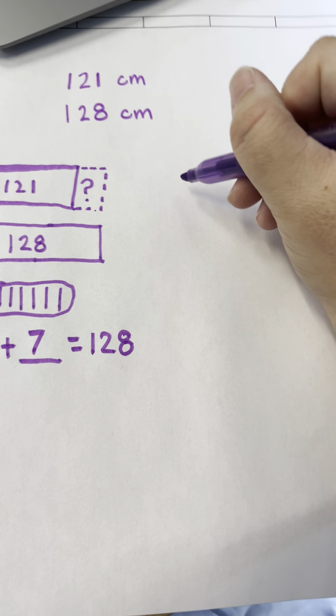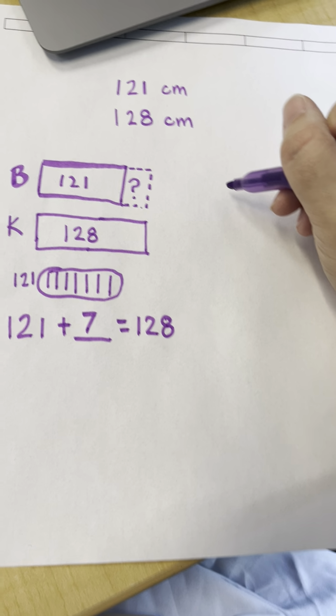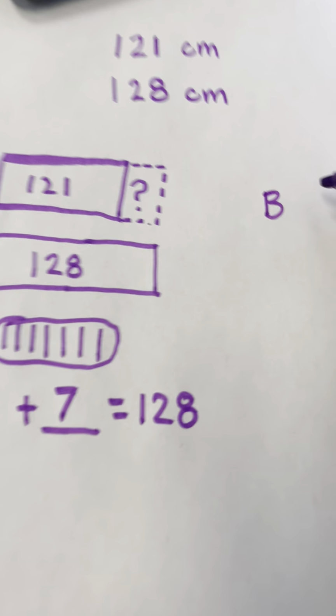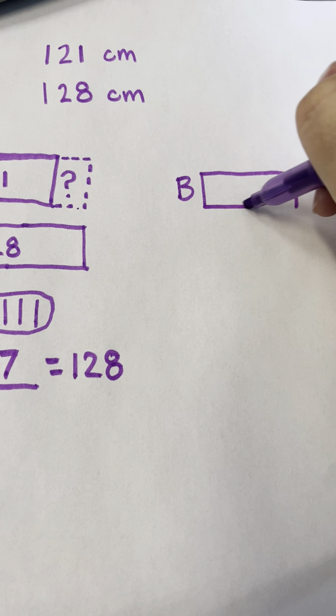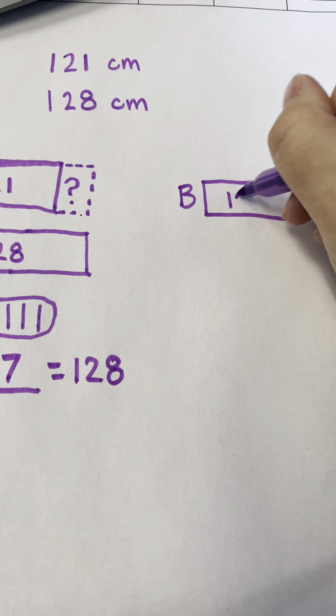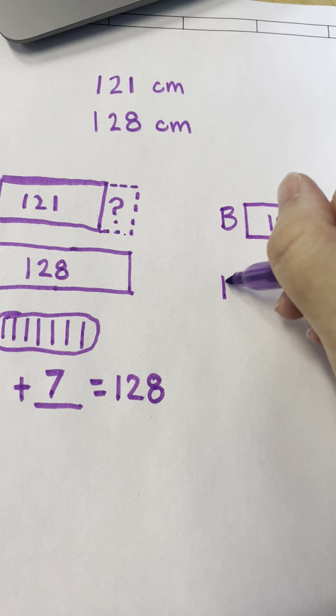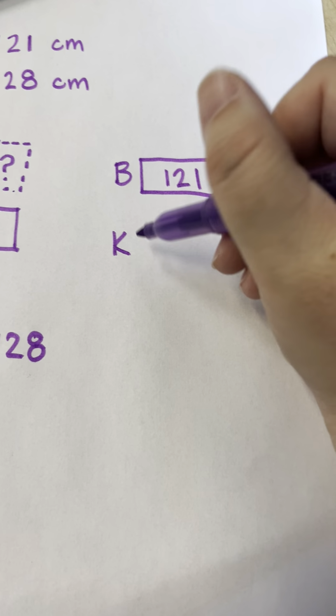The second way is similar in that we set up our tape diagrams. Beth is 121 centimeters, and Kate is 128.